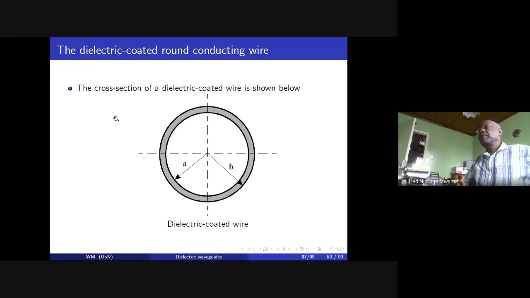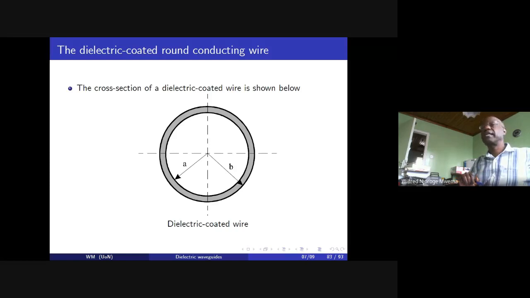So when you'll be dealing with, say, for example, communication circuit or wiring, you'll most likely deal with wires that are round with a dielectric insulation. This is something we have seen in the lab all the time, those connecting wires you use with the breadboards.